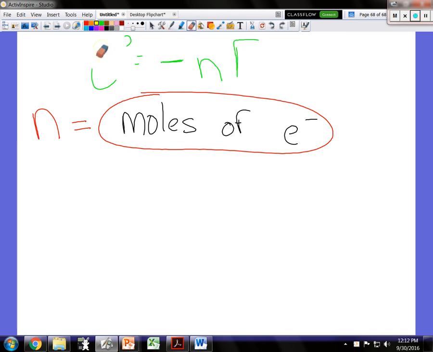Hold on. Nope, that's wrong. Nope. You'll see this in electrochemistry. Delta G. Do you remember what delta G was? Gibbs free energy is equal to negative nFE, and n would be number of moles of electrons.